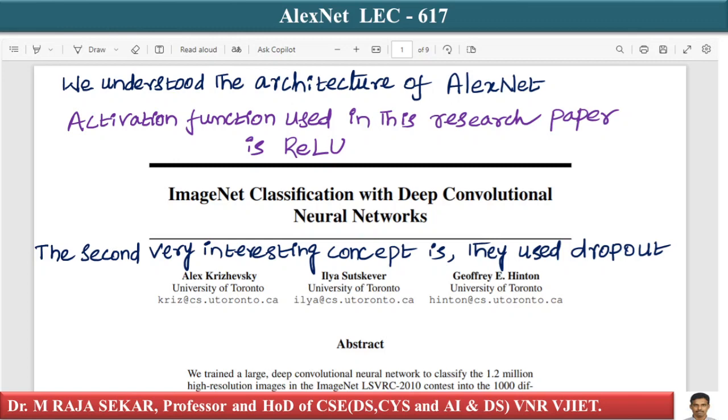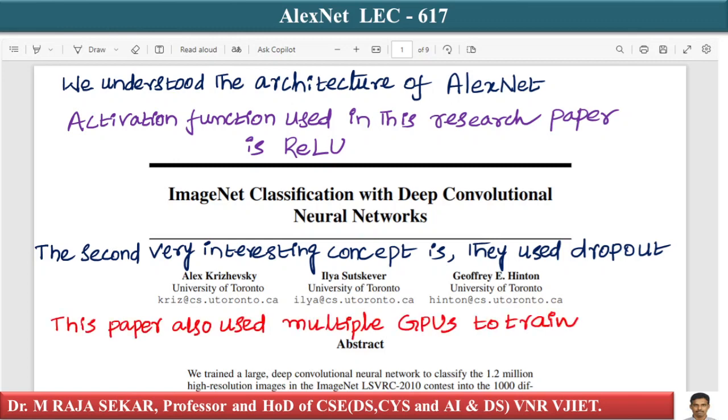Dropout was also a very successful concept. We are still using ReLU and dropouts. This paper also used multiple GPUs to train the model, which is what we are doing today, isn't it?